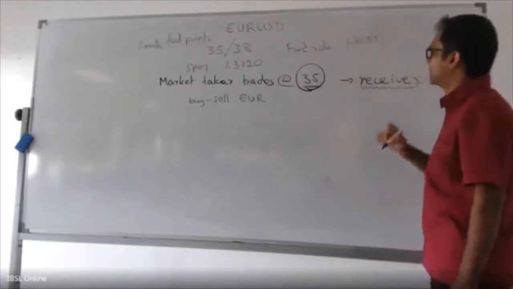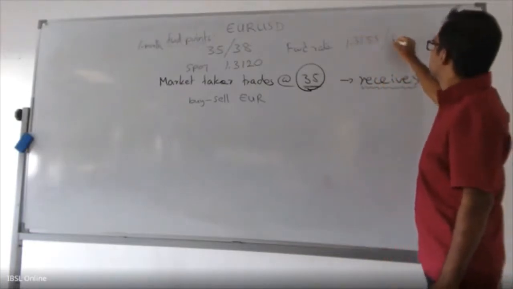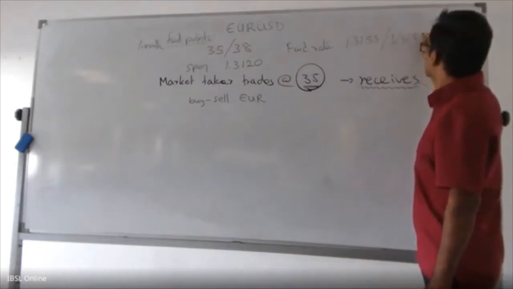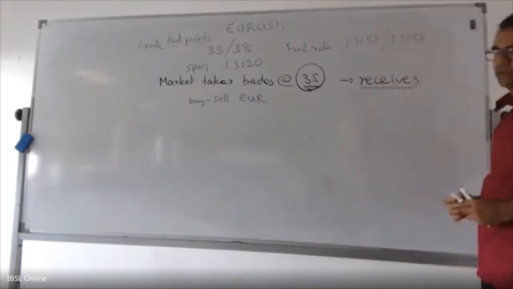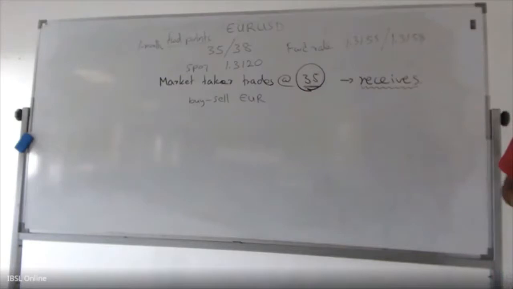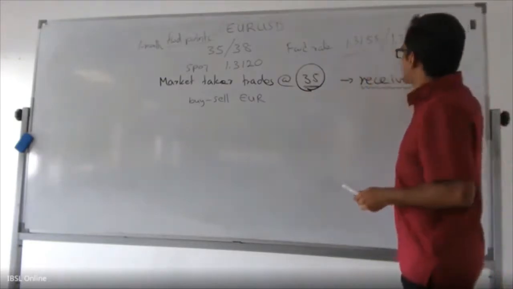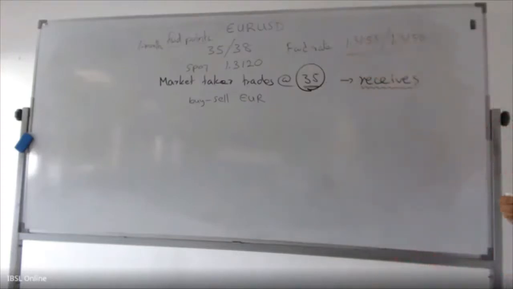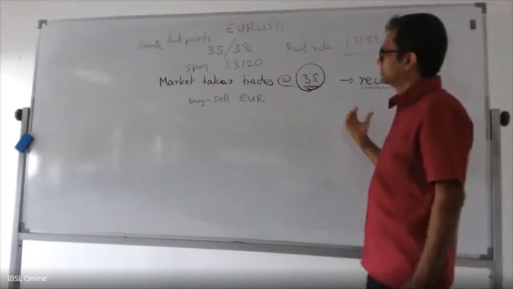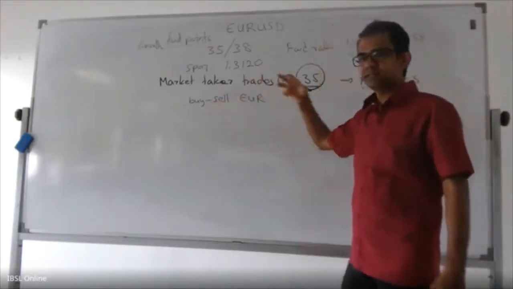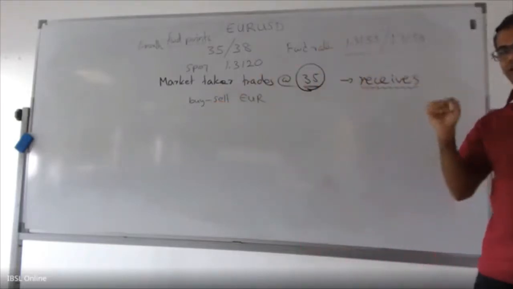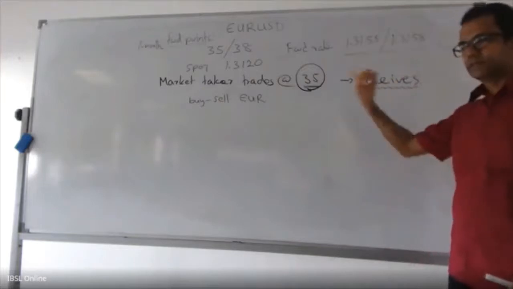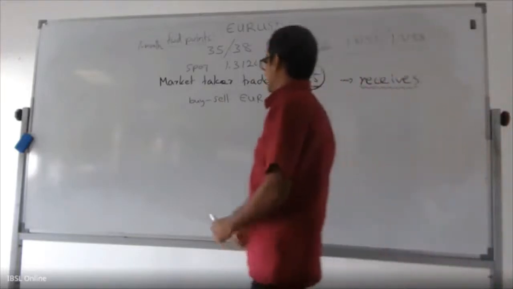1.3155 and 1.3158. Correct? These are the forward rates, bid and offer. You agree to do a buy sell. That means you buy euro in the near leg and sell it in the far leg.